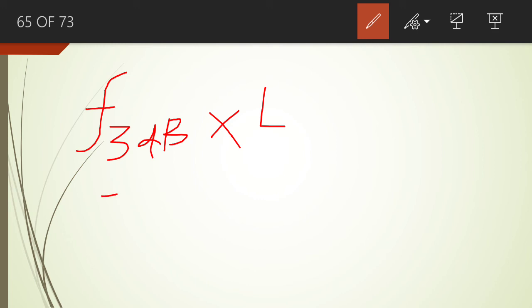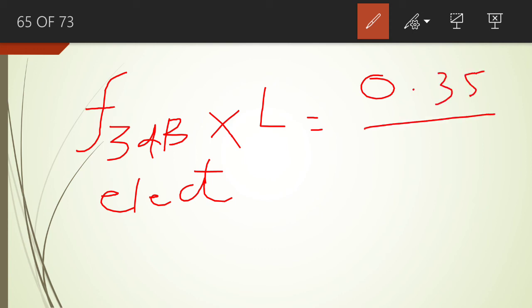We go to calculate F3 dB electrical now. So F3 dB into L, and this one was electrical, is equal to 0.35 divided by delta T per unit length.